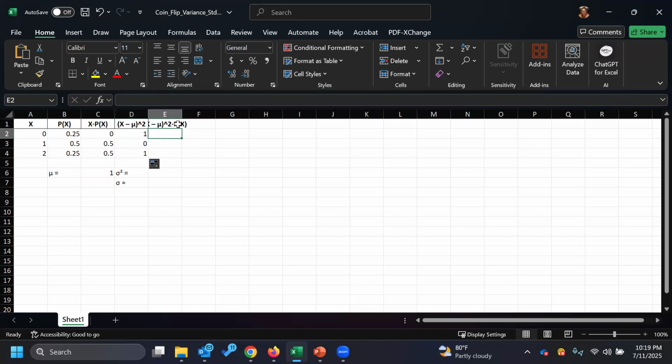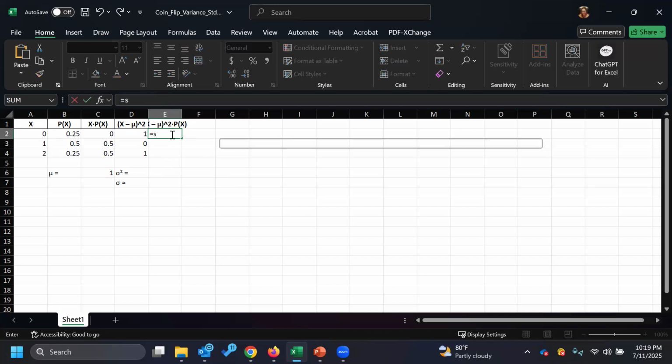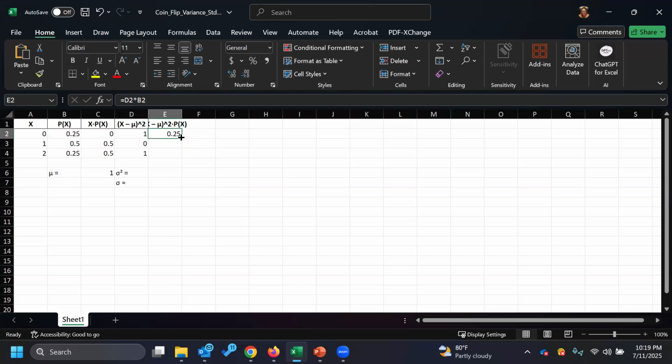Okay, so now we need to multiply that times its probability, then add them all up to get the variance, right? So we're going to go D2 times the probability is in B2. And let's bring that down.